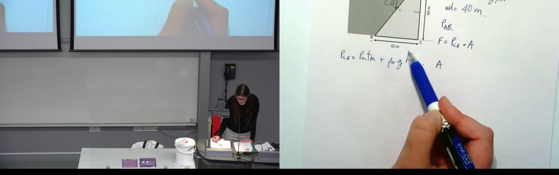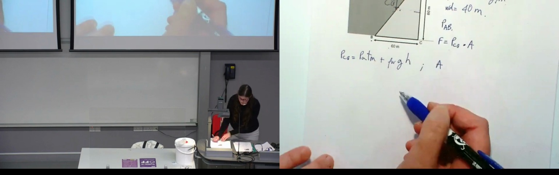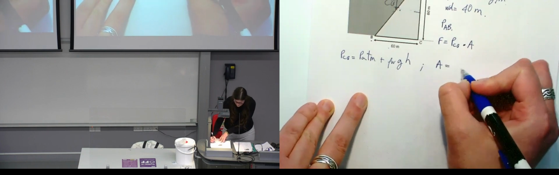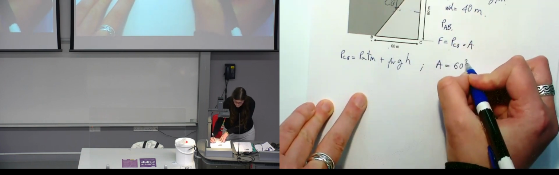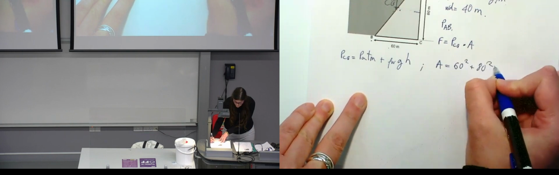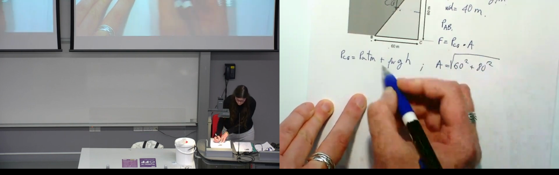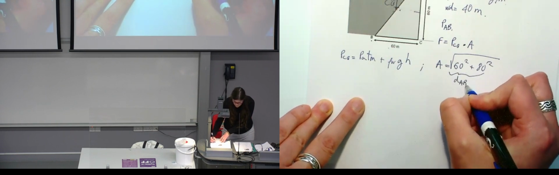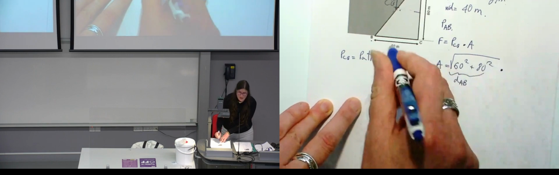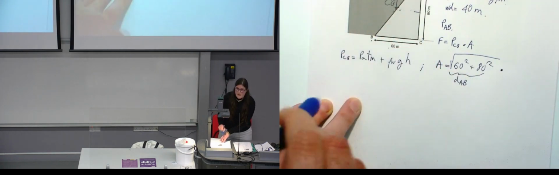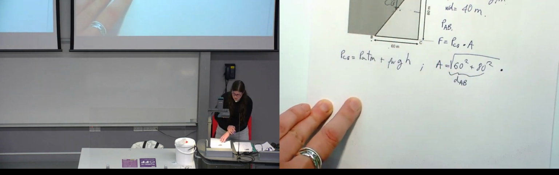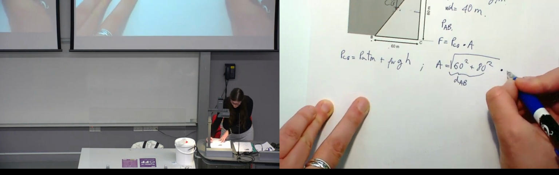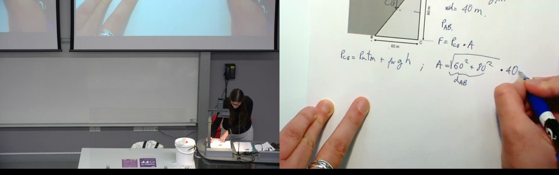Because we know these two, we can just use the Pythagoras theorem: 60 squared plus 80 squared, the square root, which is the distance from A to B, and this multiplied by the width of the dam, so you multiply it by 40.